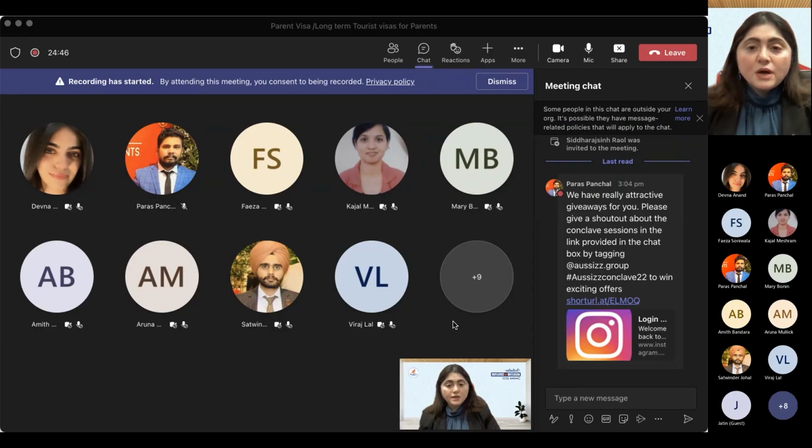Okay, great. So this is about the parent visas and the long-term tourist visa for parents. And I'm going to be talking about now different categories of parent visas. So there are 6 classes of parent visas altogether, which are divided into contributory and non-contributory parent visas.